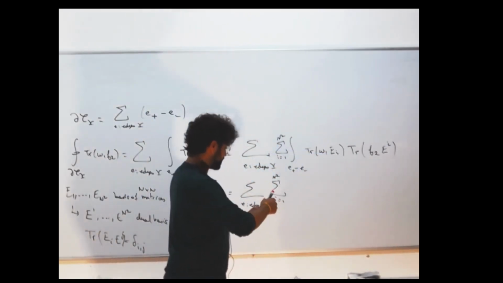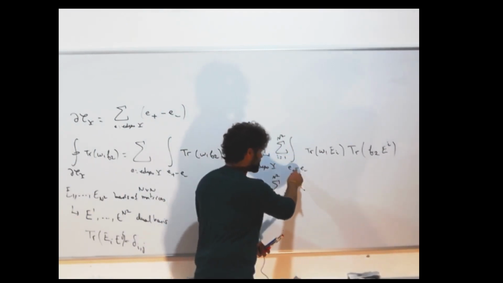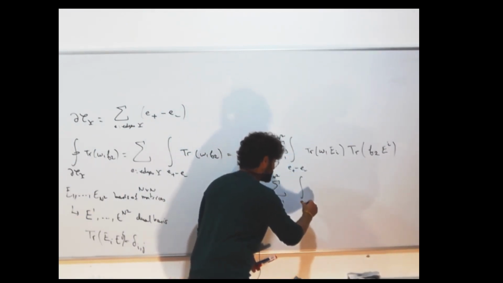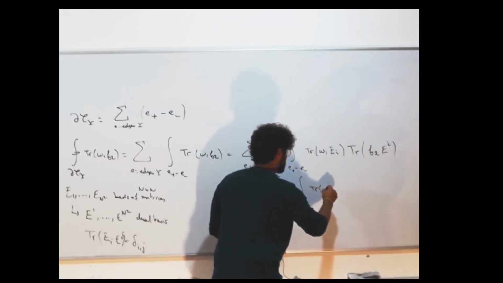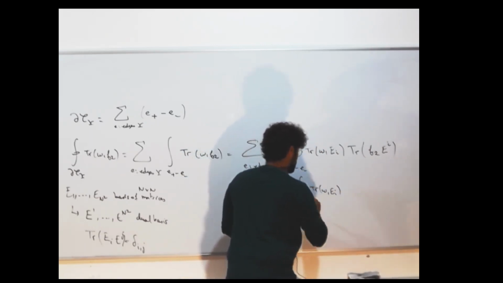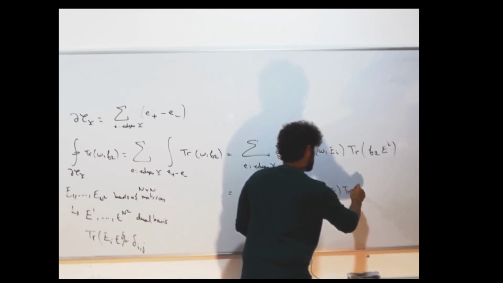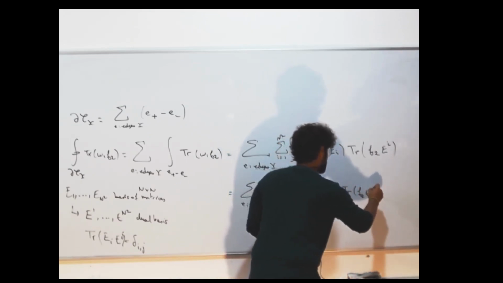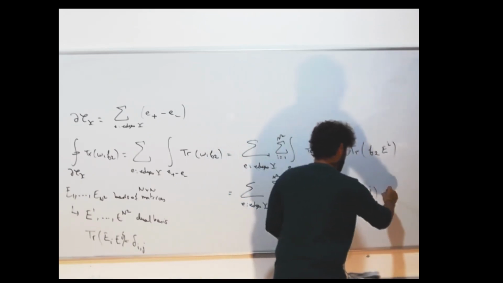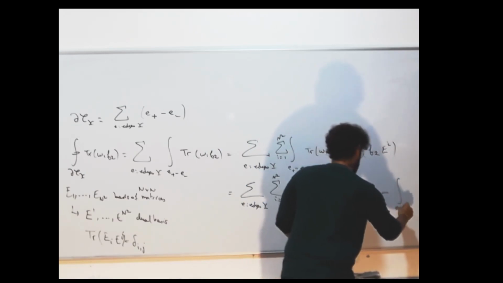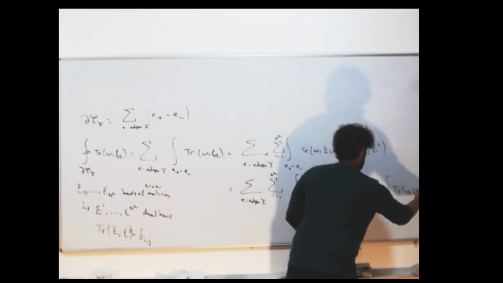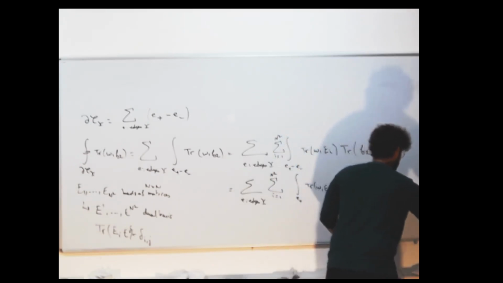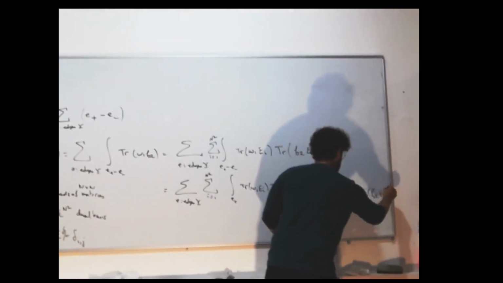So if you wish, since you have a minus sign here, you can do E plus times trace omega 1 EI, trace F2 EI, minus E minus trace omega 1 EI, trace F2 EI.